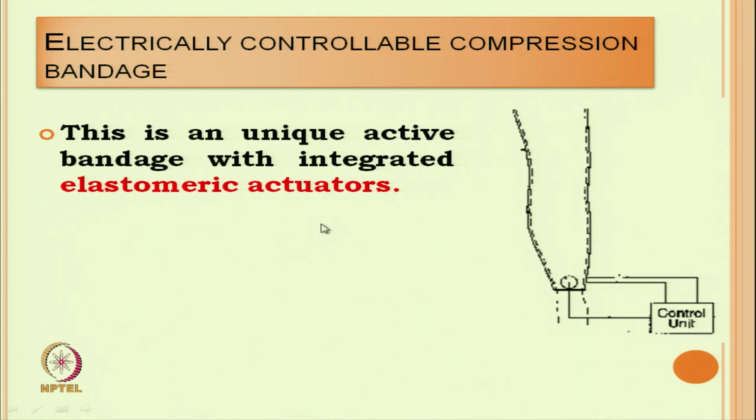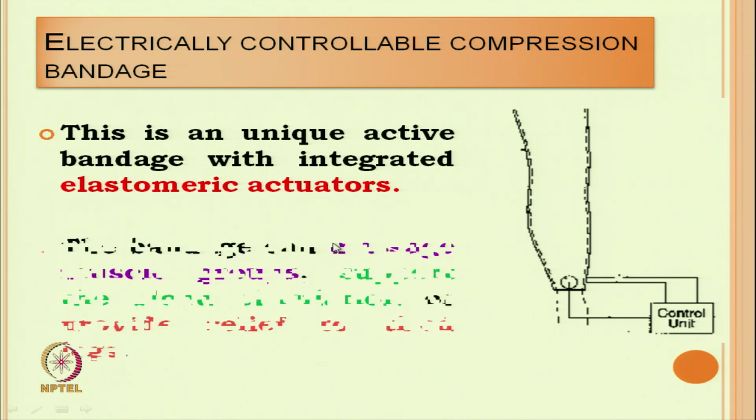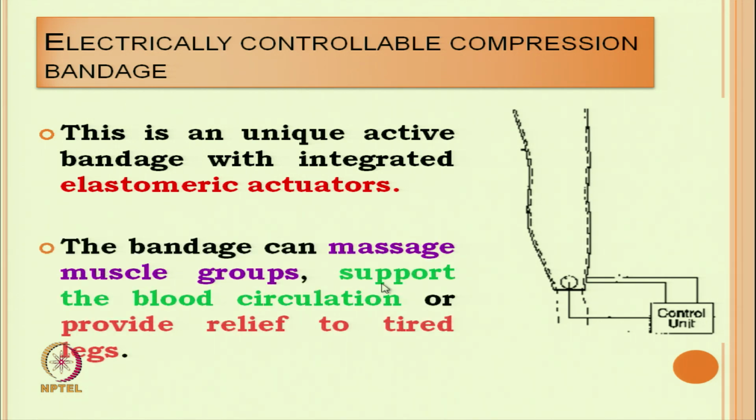This will automatically compress and expand. The bandage can massage the muscle group. So, massaging will be there, to support the blood circulation or provide relief to tired legs. So, automatic massaging will be there due to elastomagnetic actuators.